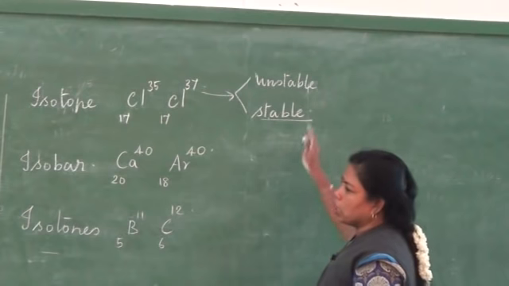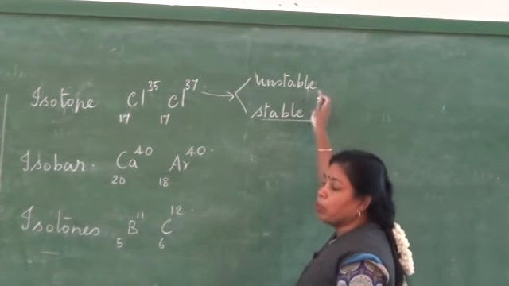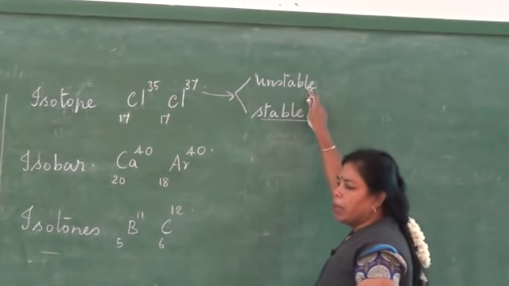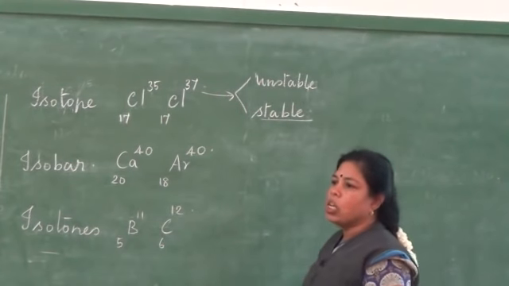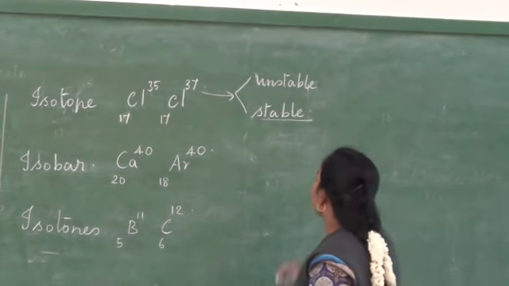If the number of neutrons is in excess of the number of protons, that is called an unstable isotope. If the number of neutrons is in excess, they will emit radiations. So they get the radioactive property.